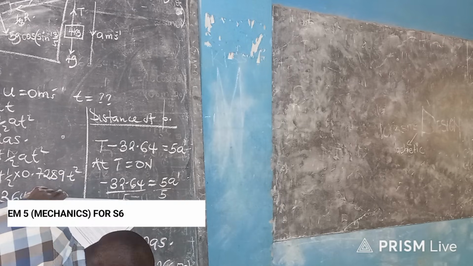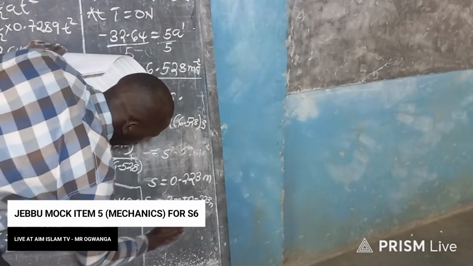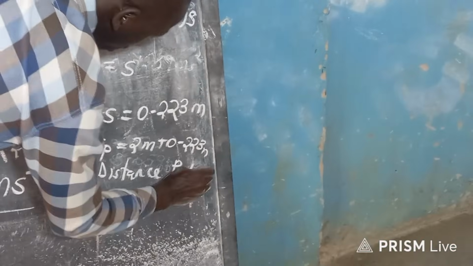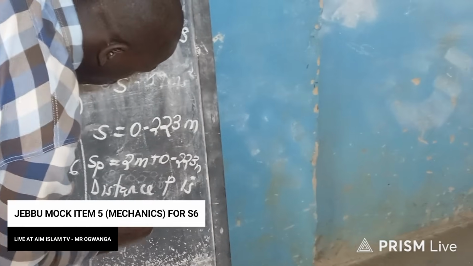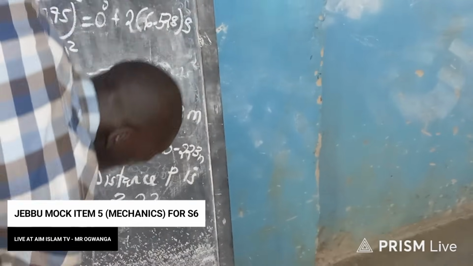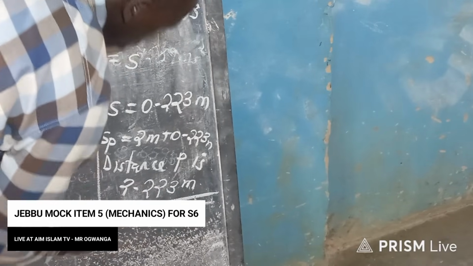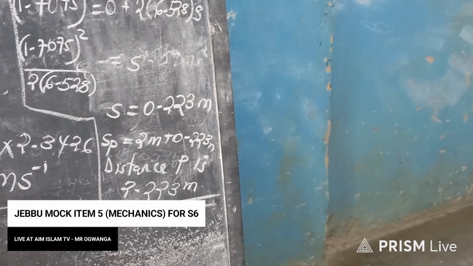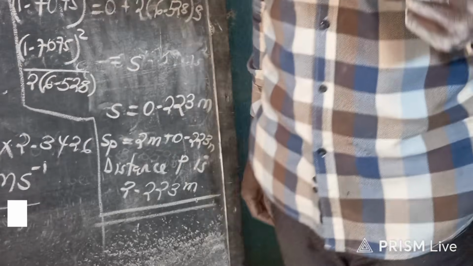So you realize that the distance of P is going to be 2.22 meters if I get the sum of that.